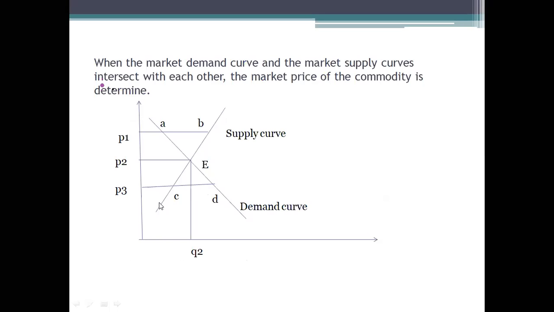Because we know that if price falls, supply also falls, supply is at this point, this C point. So what happened now? Supply is low, demand is more. This CD is the portion of excess demand. That means demand is more than the supply. Clear?